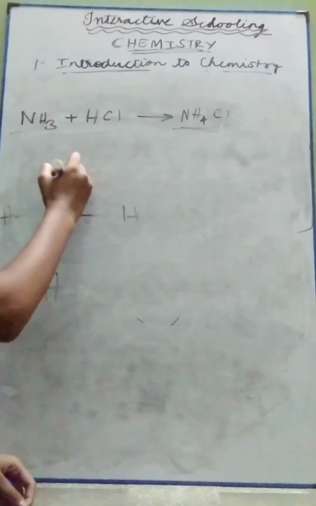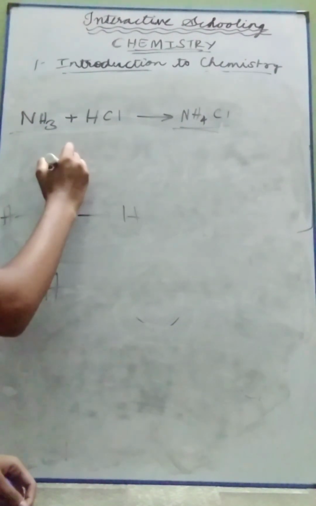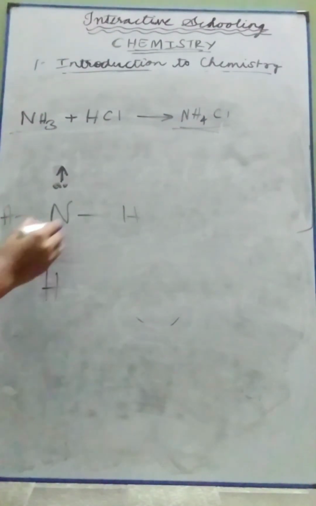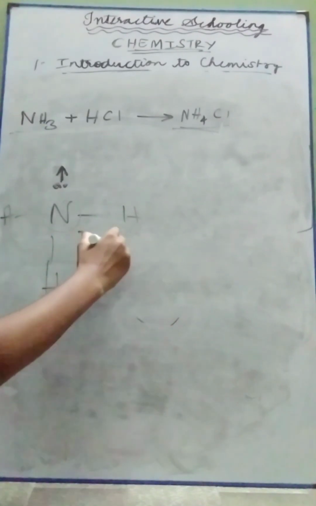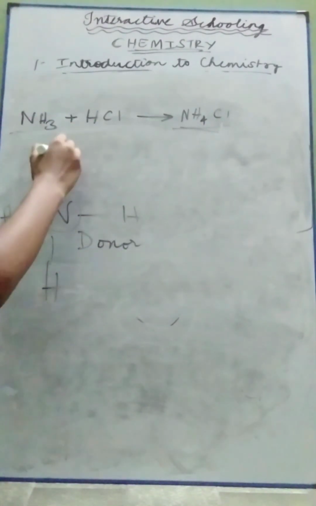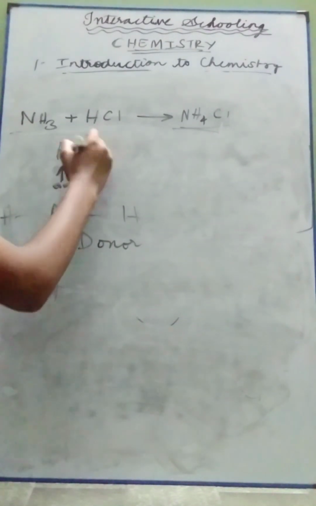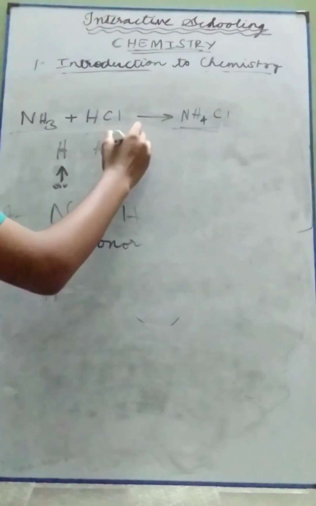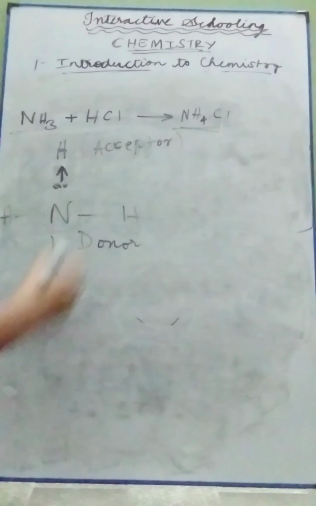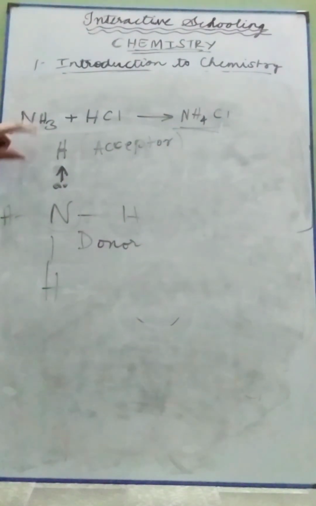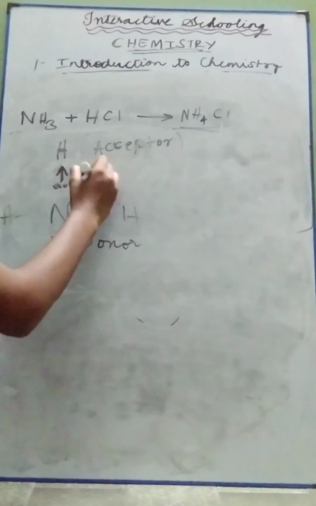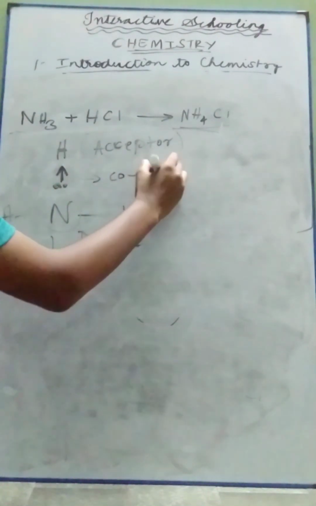So this nitrogen shares its 2 electrons with hydrogen. Here nitrogen acts as the donor and hydrogen is the acceptor, or the receiver.